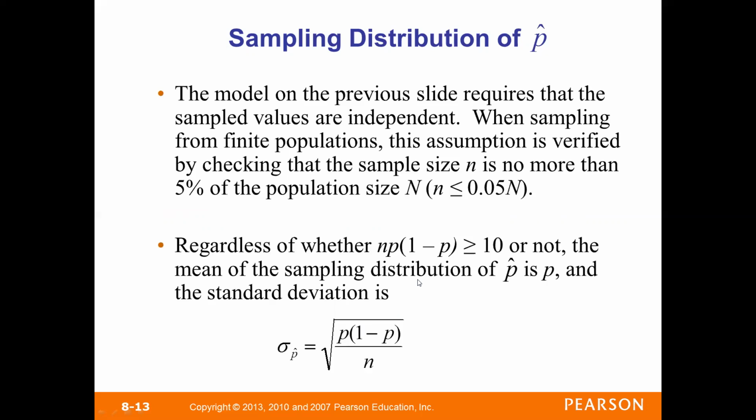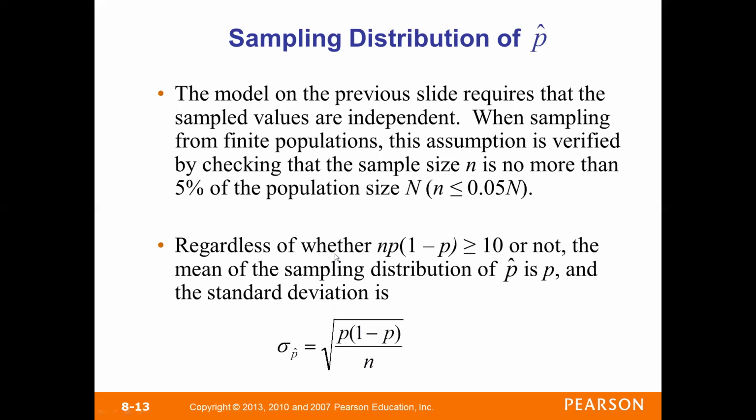So the model does require that the sampling values are independent of each other. In other words, when I ask people the question, I will assume that the respondents are independent of each other. We can verify this if we have a finite population, by checking that the sample is no more than 5% of the population. So we want the sample size to be small compared to the overall population size, as we did with the mean.